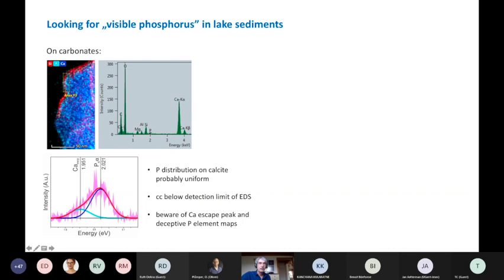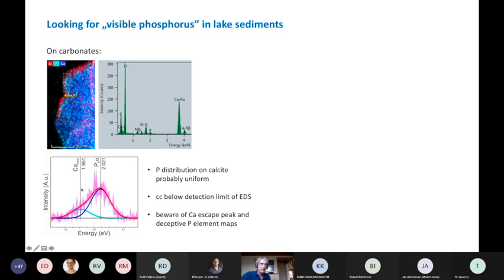However, you have to be aware of some artifacts in EDS spectra. If you have a lot of calcium around, and you want to analyze phosphorus on calcite, you are definitely having a lot of calcium, then the escape peak of calcium, so the calcium peak minus the silicon peak, falls just next to phosphorus, and the two are overlapping.